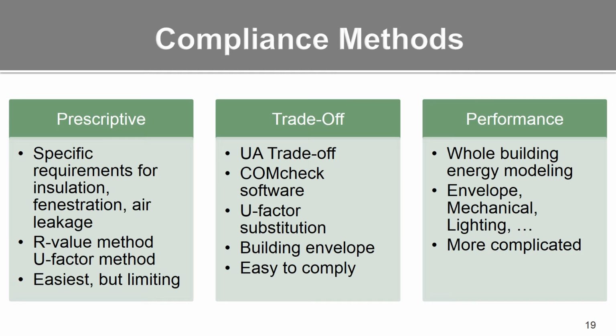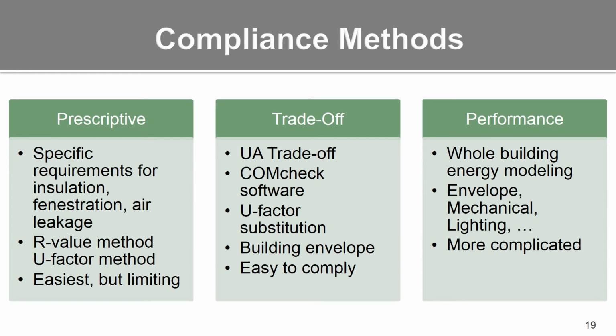The trade-off method: the 2015 IECC introduced UA trade-off calculations that basically do the same in a simpler manner than the Department of Energy's ComCheck software. Both of these options provide you with the U factor substitution way to possibly put in better windows, doors, and skylights that are more thermally efficient.